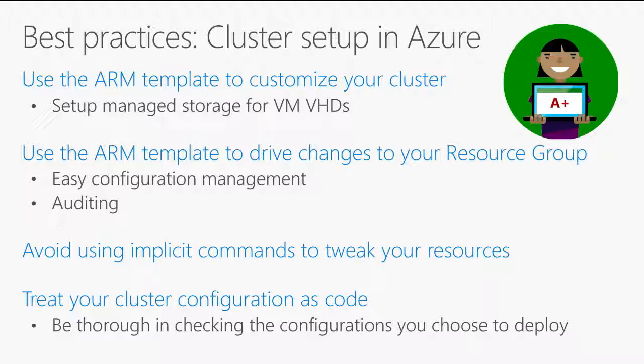But think through the scenario where after four months you have an incident, and you now have to recreate this cluster elsewhere. You really do not have the configuration which you deployed. So that's one of the reasons why I always say to keep your cluster configuration, treat it as code, and keep it in some source control of your liking, be it GitHub, be it Source Depot, whatever else makes sense.